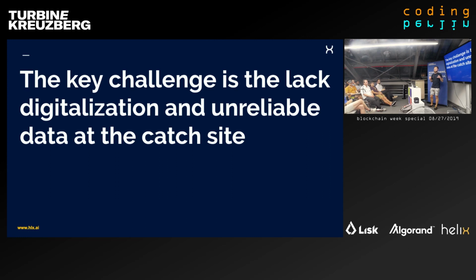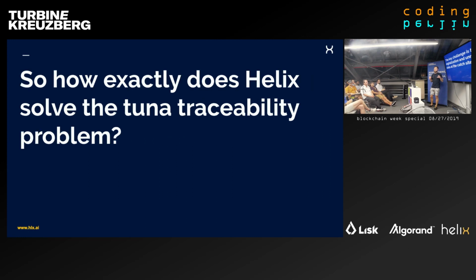So how would Helix actually help with this problem? Because as you see, this is not really a technical problem, but also an integration and social problem here. And the key factor here is actually the amount of data and the availability of this data. So if you have a fishing boat, and on this fishing boat you have lots of sensors, such as a GPS tracker, a weight tracker, RFID sensors on each fish.